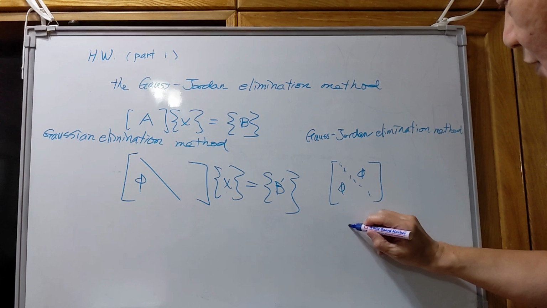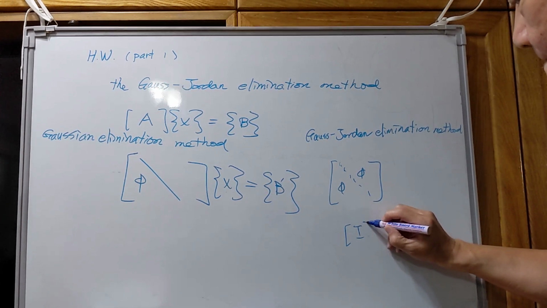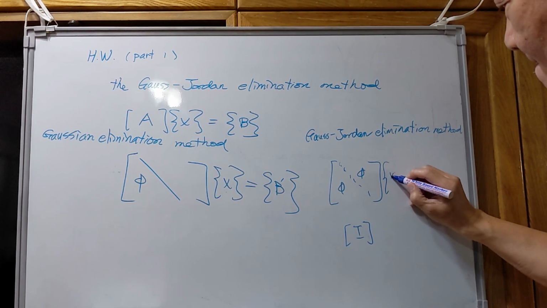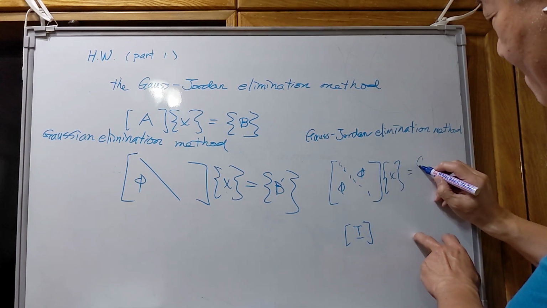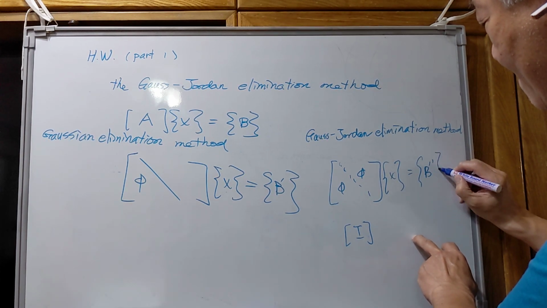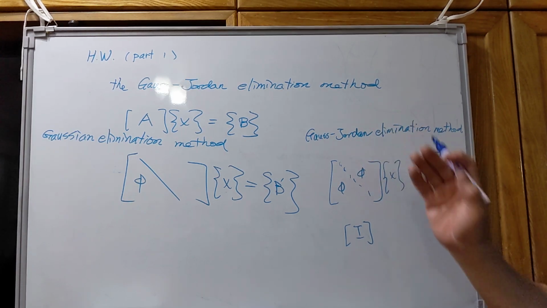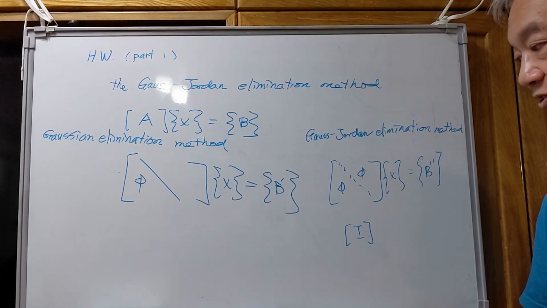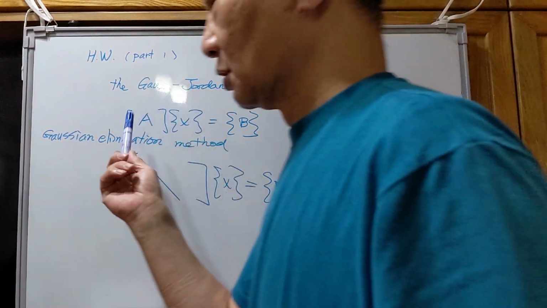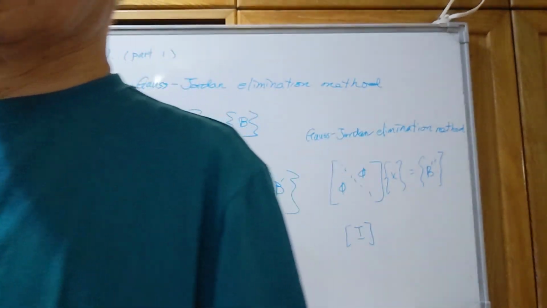So that's the unit matrix. So if we use the Gauss-Jordan elimination method, we need to change the elements of the original coefficient matrix.